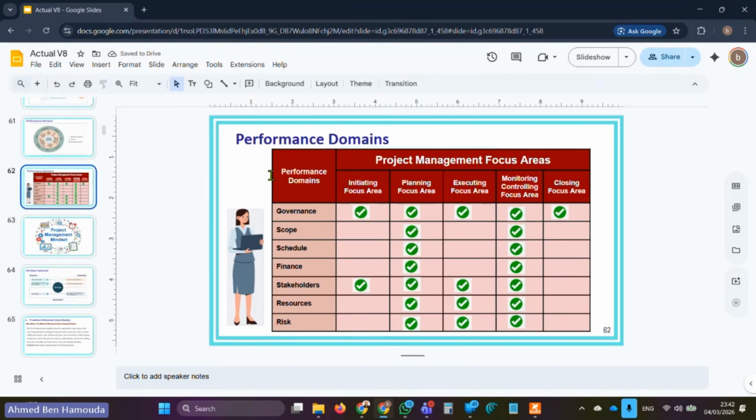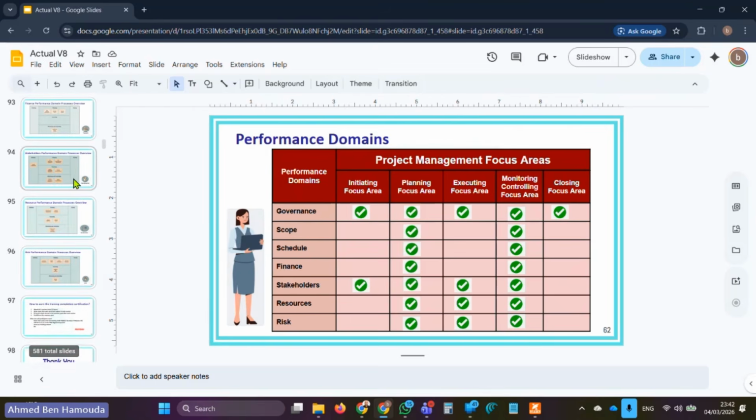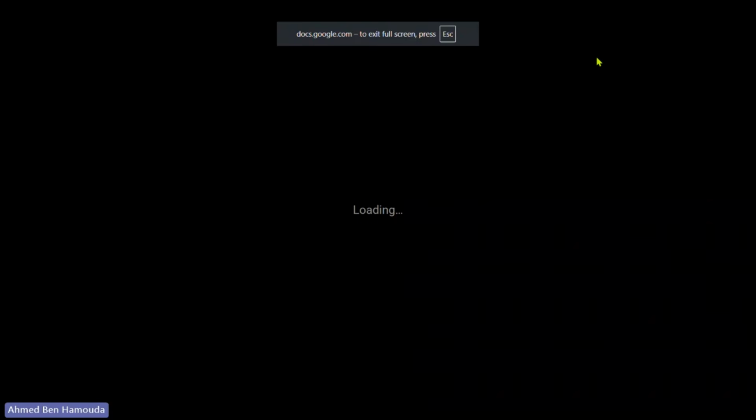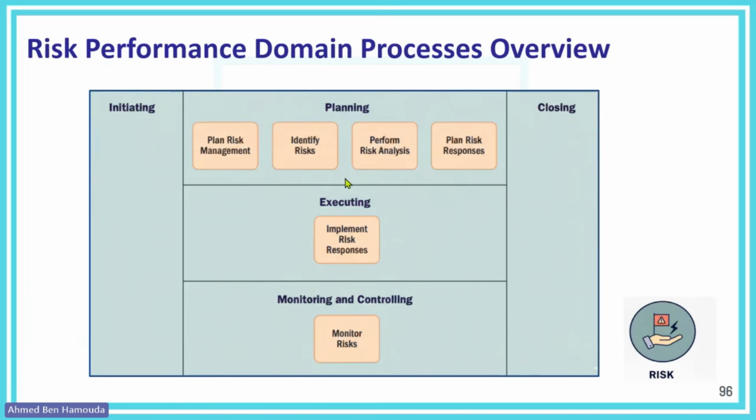Stakeholders is missing here. So I knew there is something missing from the beginning. Yeah, I go back to stakeholders. These are the processes, then the resources, and these are the processes for the resources separately, and finally for the risk. Okay. So here's an overview of the processes of each performance domain.